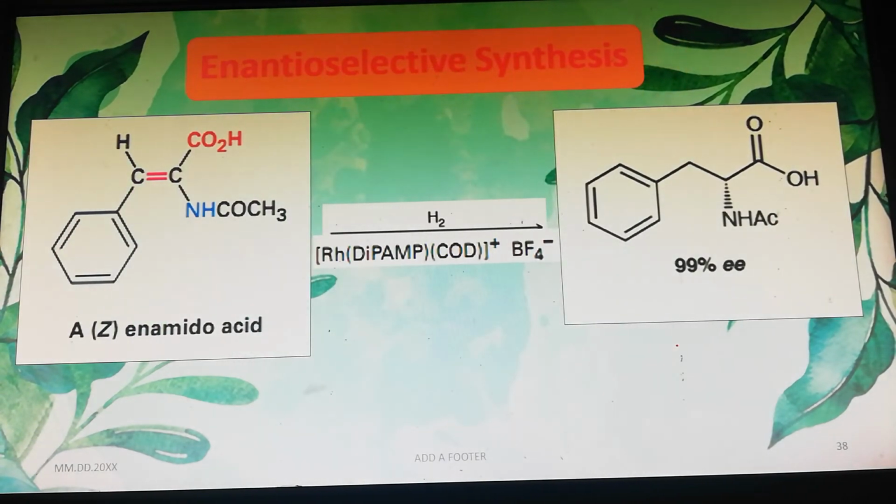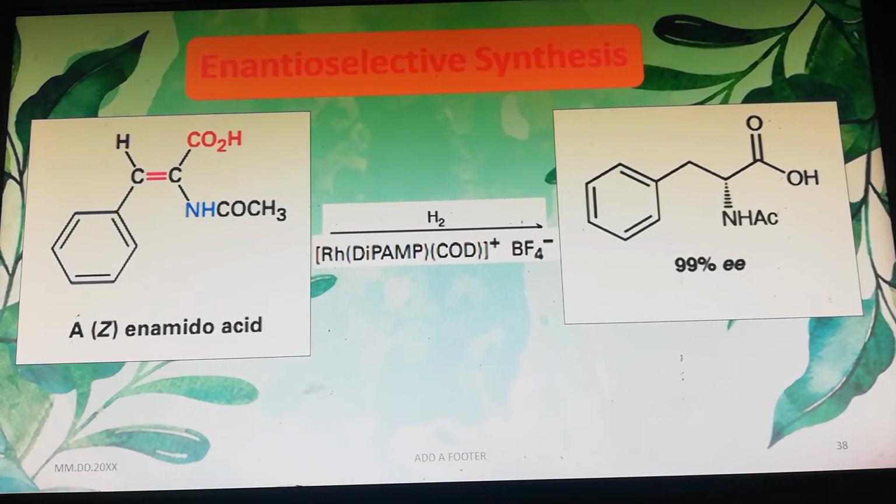First, we have hydrogenation. When we have hydrogenation, the double bond in our enamido acid is broken.